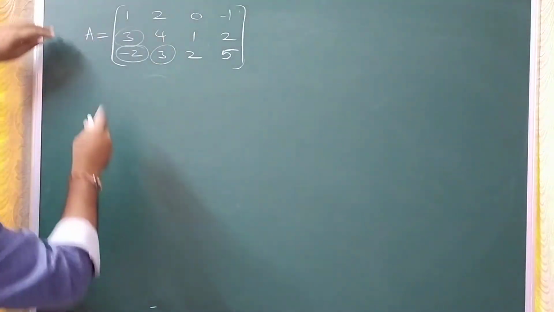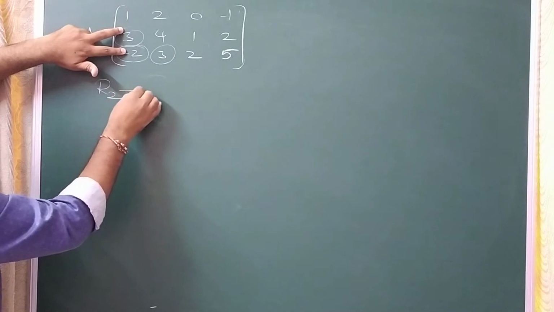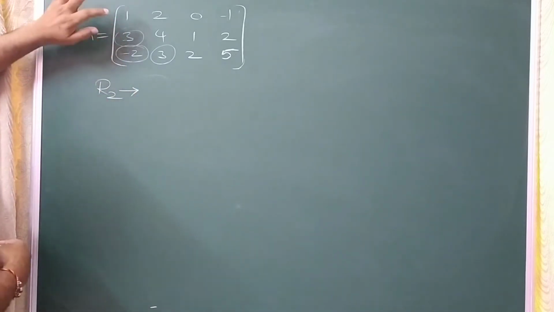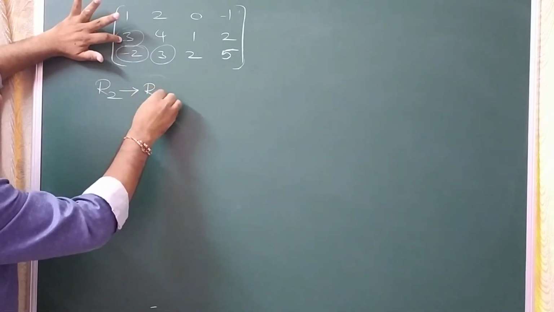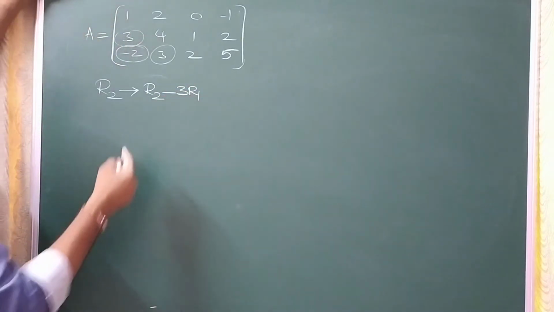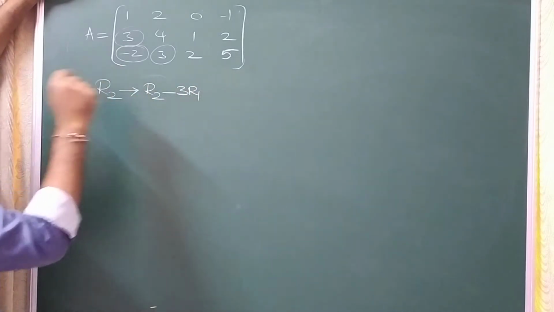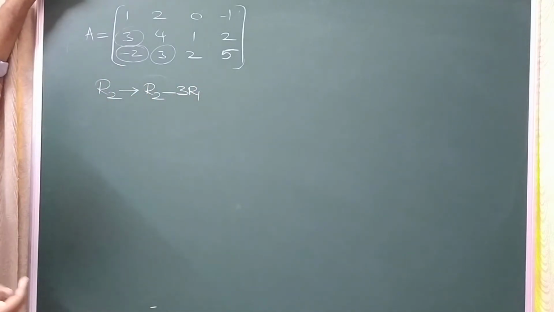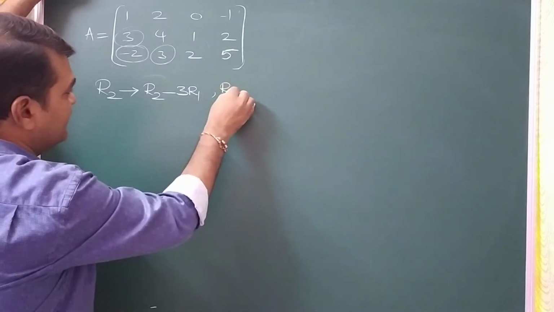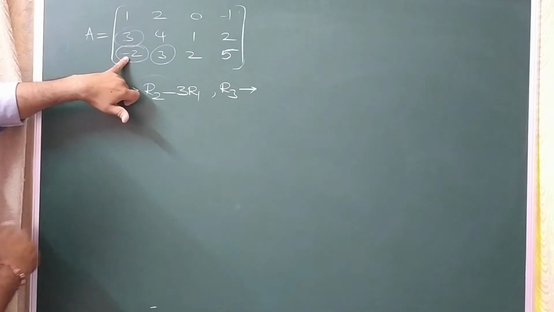So to get zeros in these 2 places, I can use it like this. R2, the second row, is taken as R2 minus 3R1. That is, I am multiplying minus 3 to the first row and adding to the second row. I can do that. Next, I will come to the third row. I want 0 in this place.